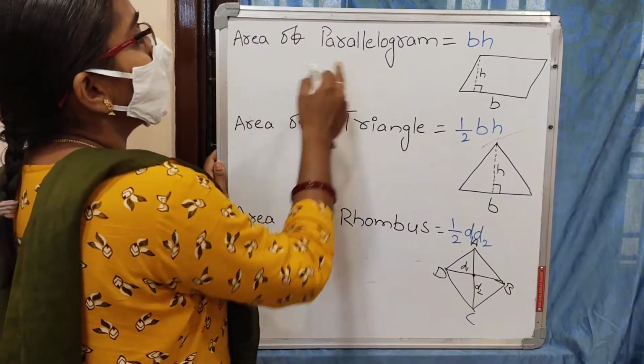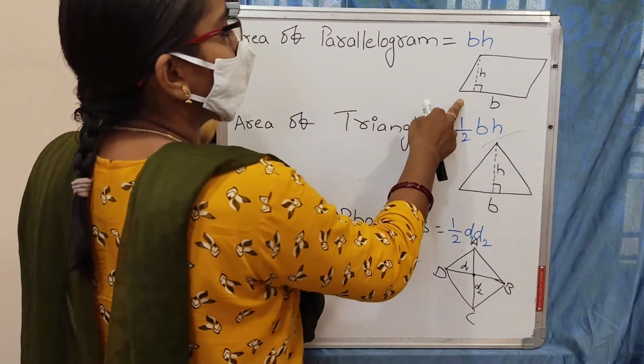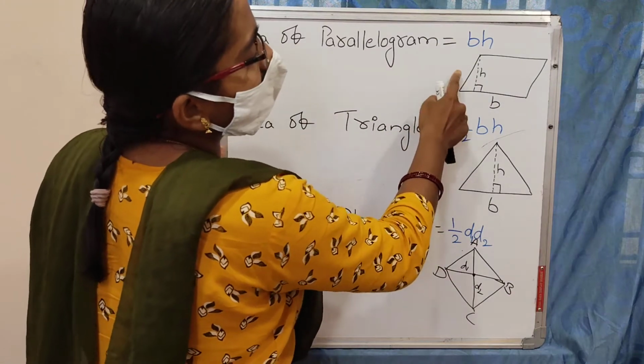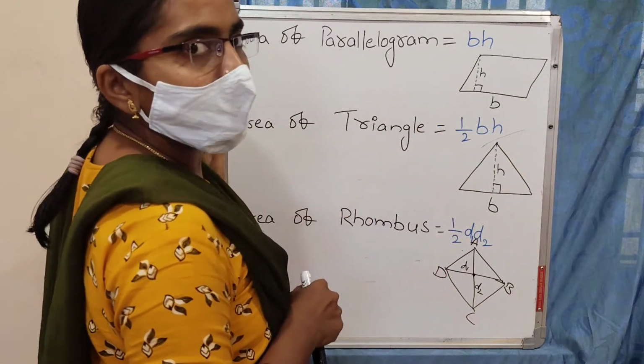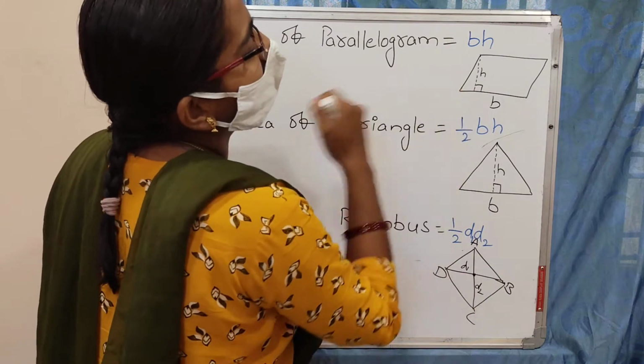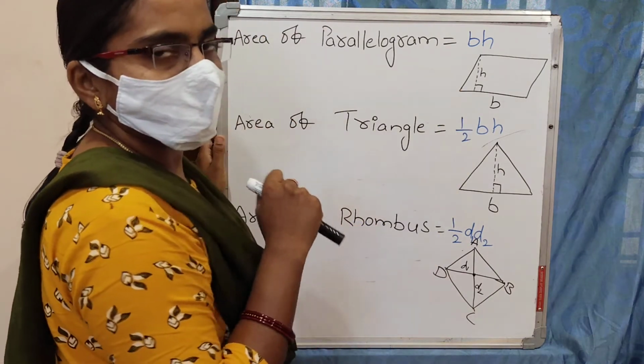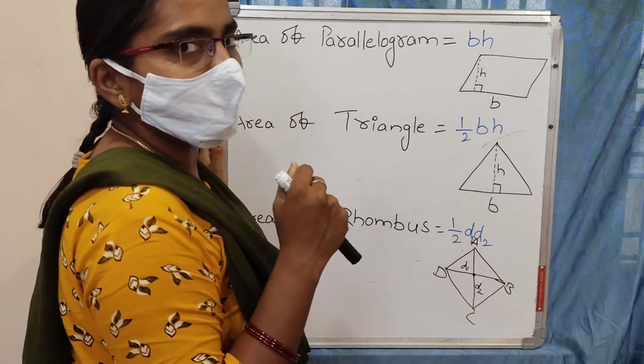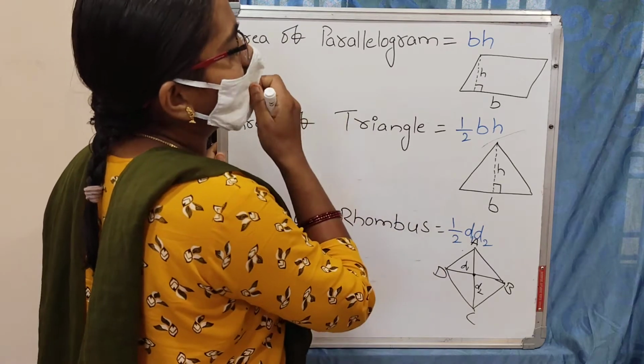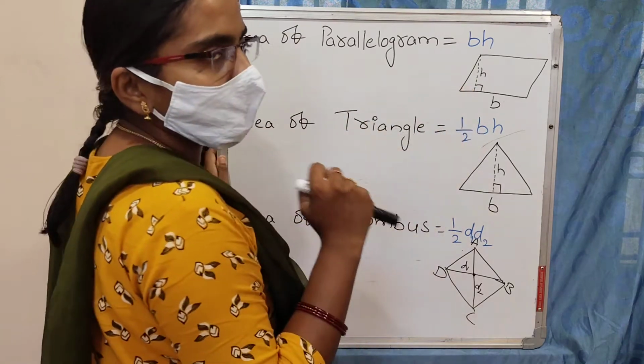Next, area of a parallelogram. Parallelogram means opposite sides are equal and parallel, but the angle is not equal to 90 degrees. If the angle is 90 degrees, then we call it a rectangle. But in a parallelogram, the angle is not equal to 90 degrees.